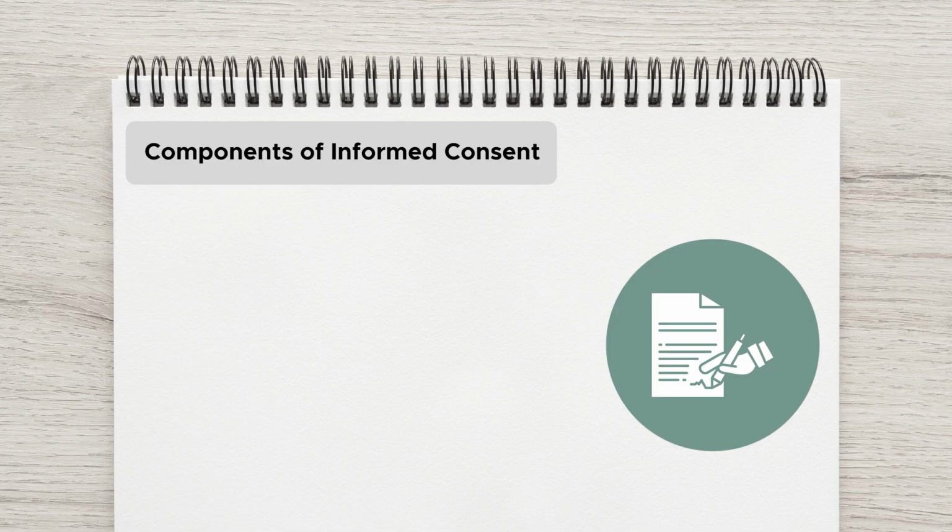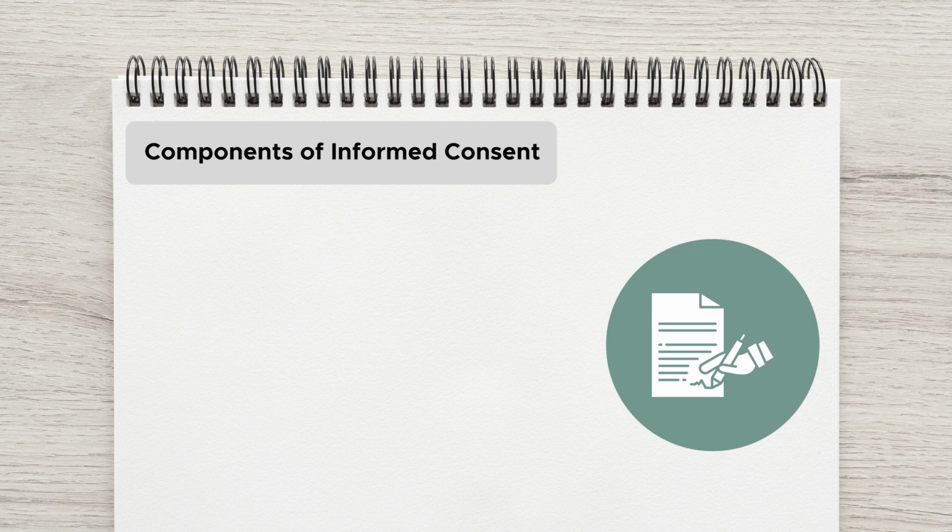As we have been discussing, the participants must give full informed consent before they go on to respond to the questions in a research study. In this informed consent, the following are the required elements.